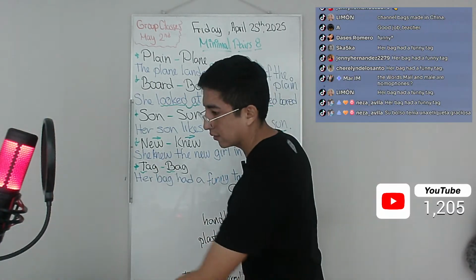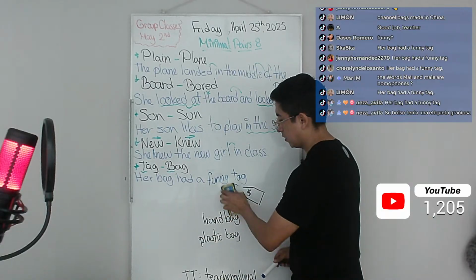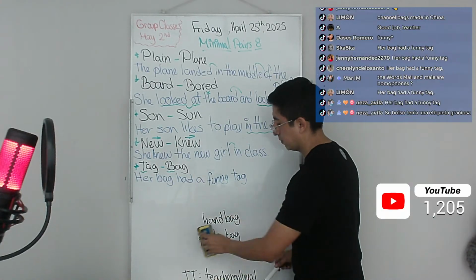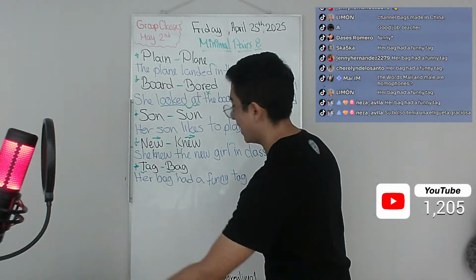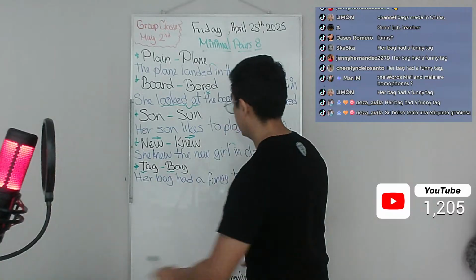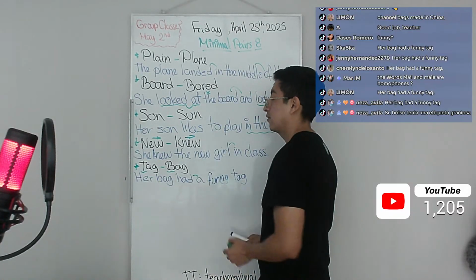Okay, so that would be the sentence in this case. Here, back. Had a, look at this. Had a funny dog. Funny dog.